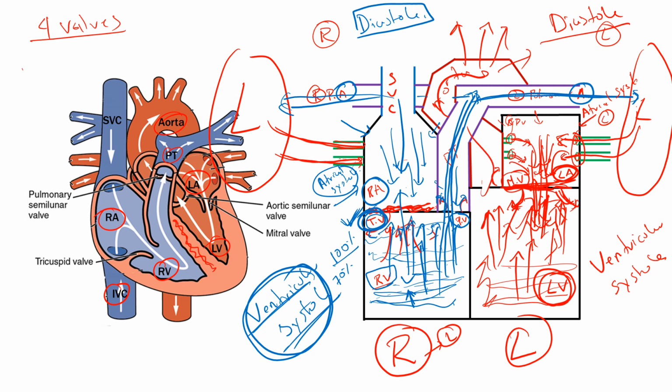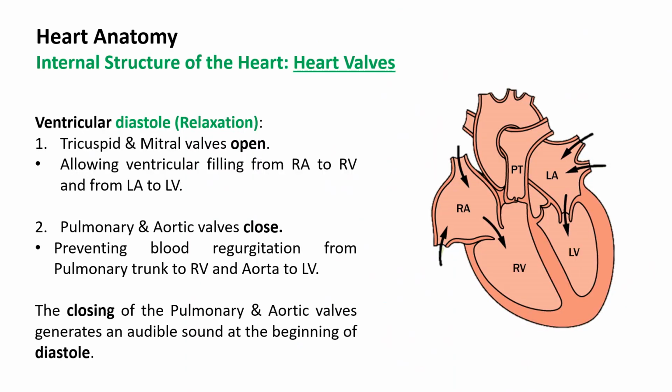I'm going to show you now the same thing, but how this happens in both sides at the same time. Okay, for this example, I'm going to focus primarily on ventricular systole and ventricular diastole, again, because the ventricles are more powerful, and more important, right? So when the ventricles are relaxed in diastole, two valves need to be open.